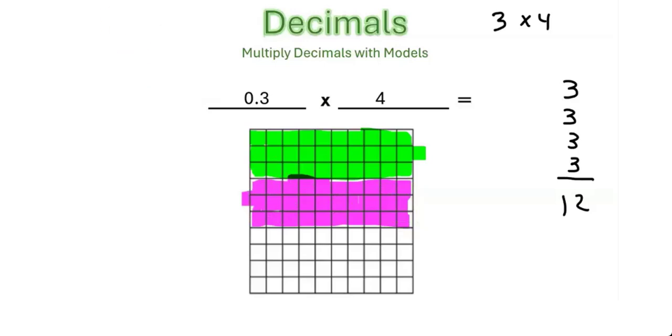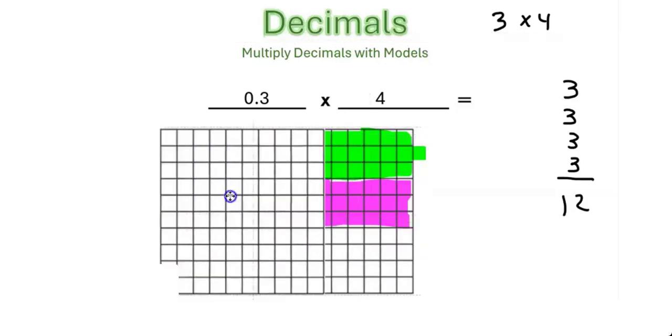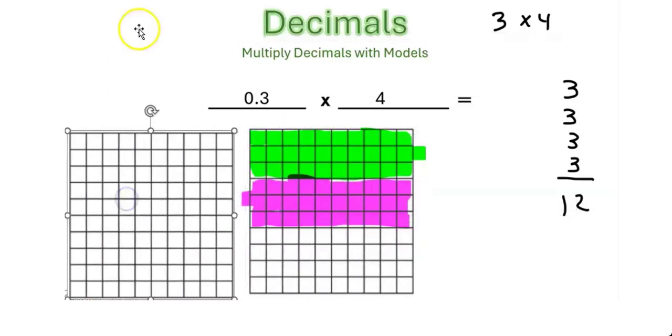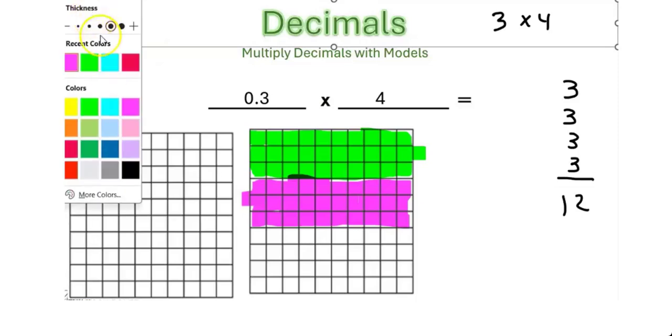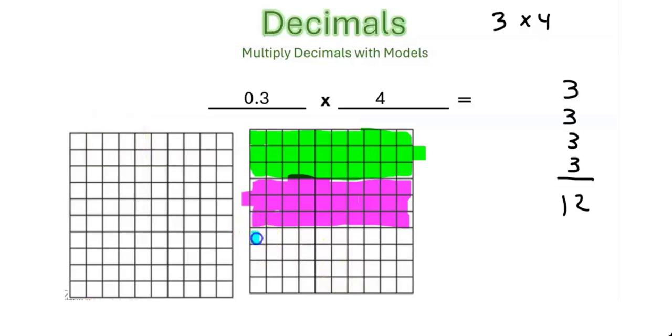Oh, you know what? I realize I'm going to need another one of these squares. Let me put that over there. Okay, so let's go back. Okay, there's two 3 tenths. Now I need to get 3 tenths again, because remember I have to do it 4 times.